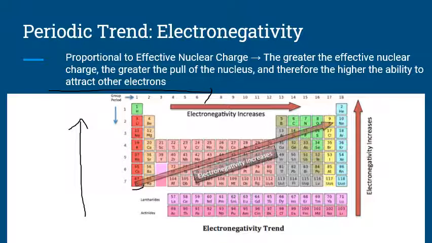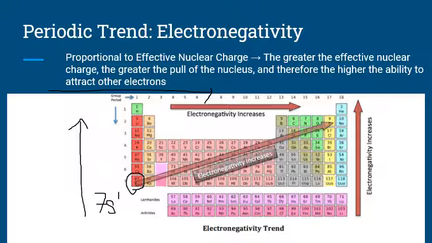So if we start with our favorite one down here, francium, its electron configuration again is 7s1. So its last electron is in the 7th energy level, and there's just one of them in that energy level. So it doesn't really want to get more electrons. It's not getting much closer to a full valence shell by adding electrons. It would rather give one up. So it's not going to have a very strong electronegativity number.